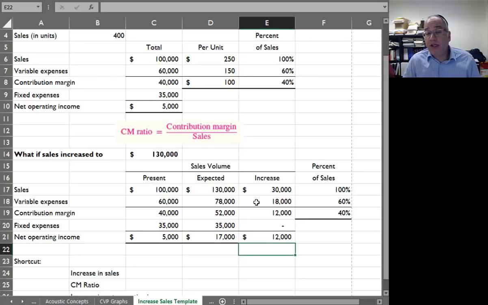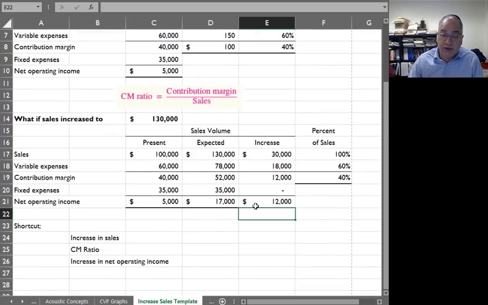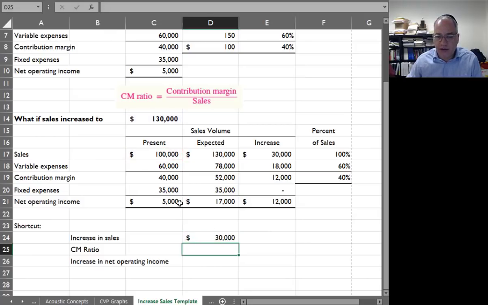So what would happen if sales increased by $30,000 to $130,000? Then your net operating income would increase by $12,000 to $17,000. Now, the nice thing about contribution margin ratio is it makes these things really easy to calculate. For example, if you want to know how this would impact net operating income, all you have to do is take the increase in sales, 130 minus 100,000 or 30,000, multiply it by the contribution margin ratio, and you get the $12,000 increase.